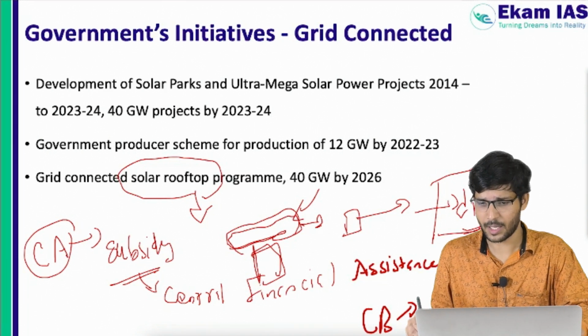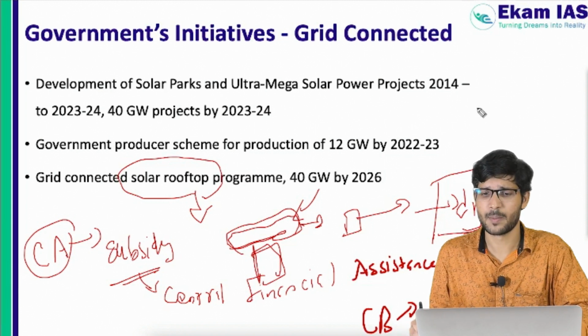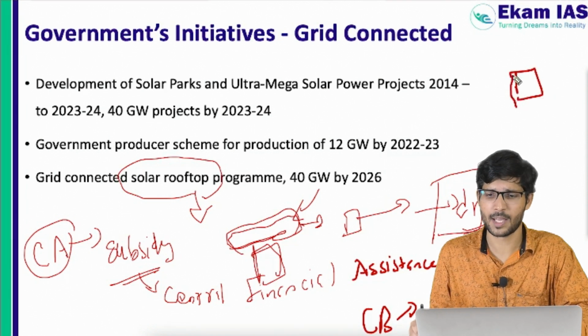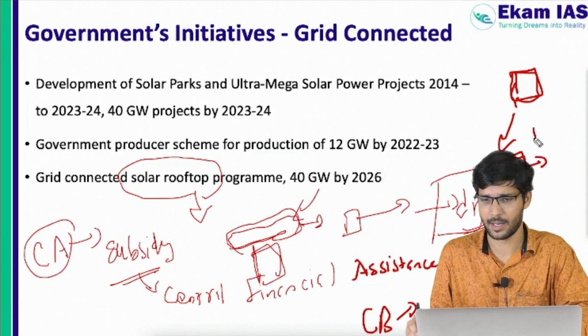Under component B, the government will be giving incentives to distribution companies, also called DISCOMs. Basically, some company will be producing electricity, and this electricity will be distributed by some company to the consumers. That company distributing electricity is called a distribution company, or DISCOM.